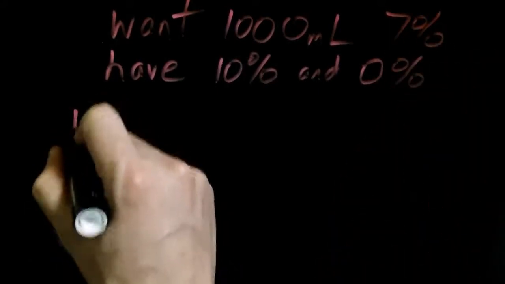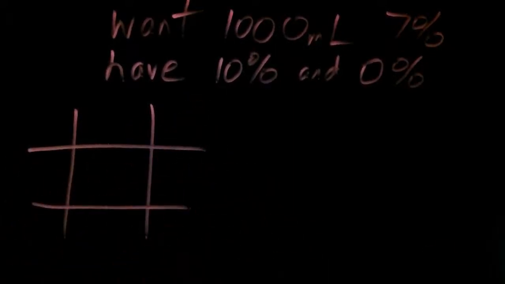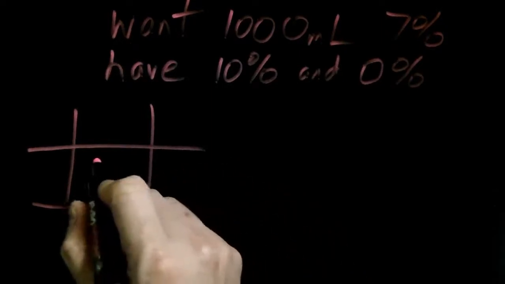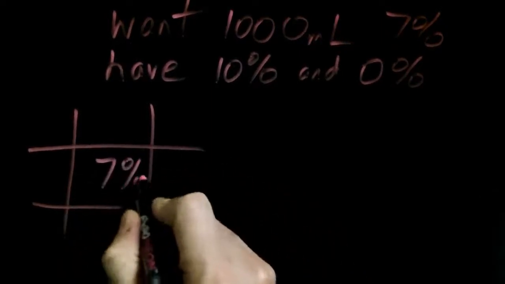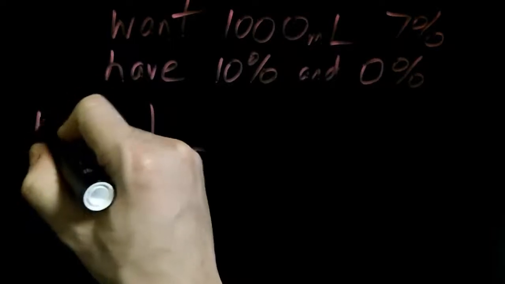To start here, I'm going to write our familiar tic-tac-toe board. I'll put in the middle here what we're looking for, which is 7%. In our upper left, I will put the higher of the two percentages that we have, which is 10.